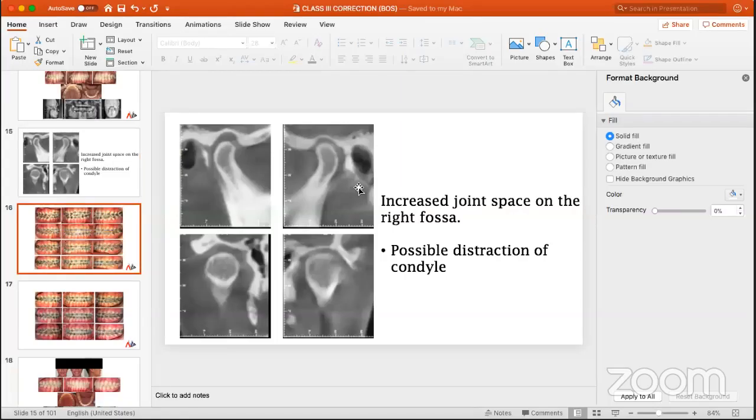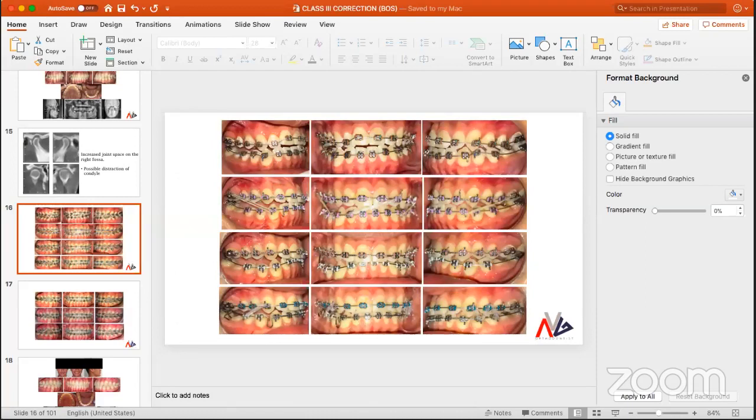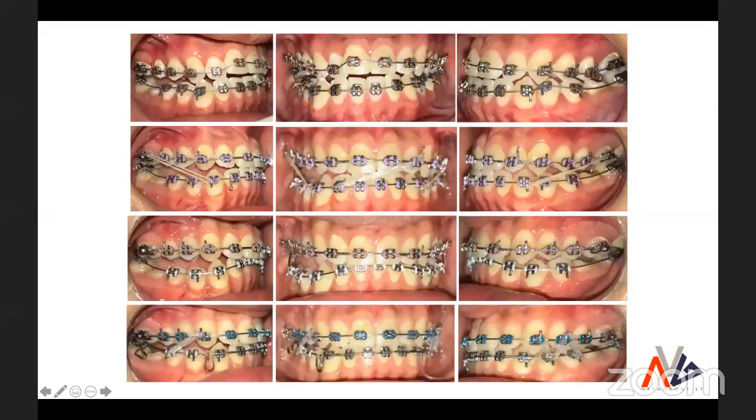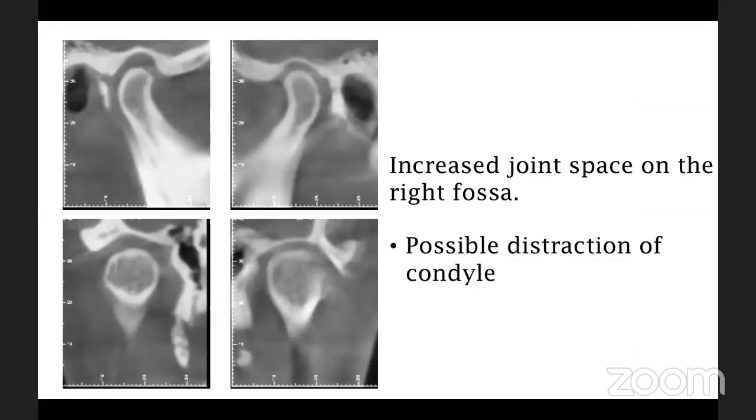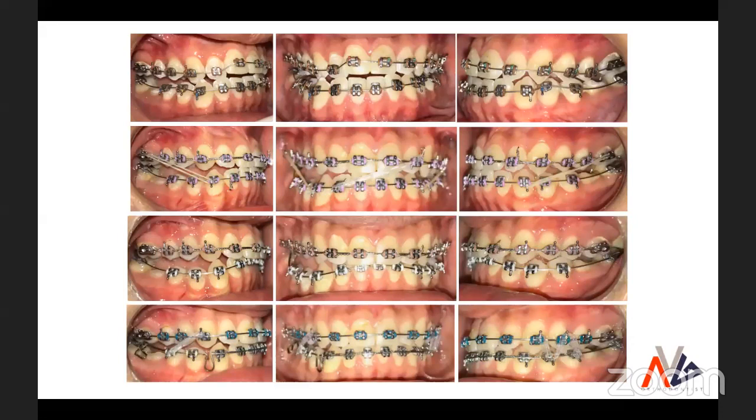It was just now. From the CBCT, I think it was okay. Yes, perfect. The slide before this. Okay, this one. Perfect. Okay, right, sir.